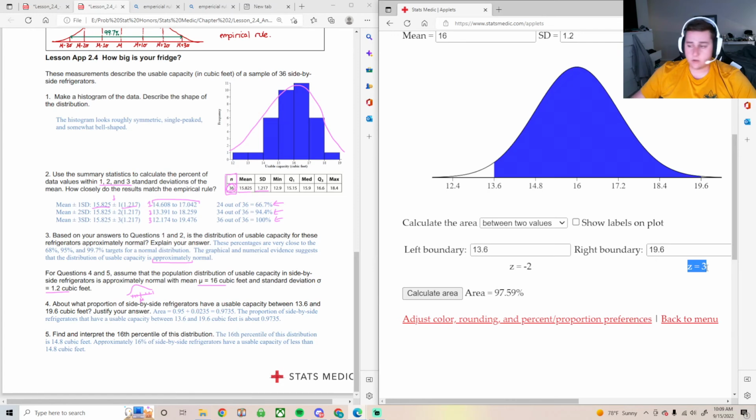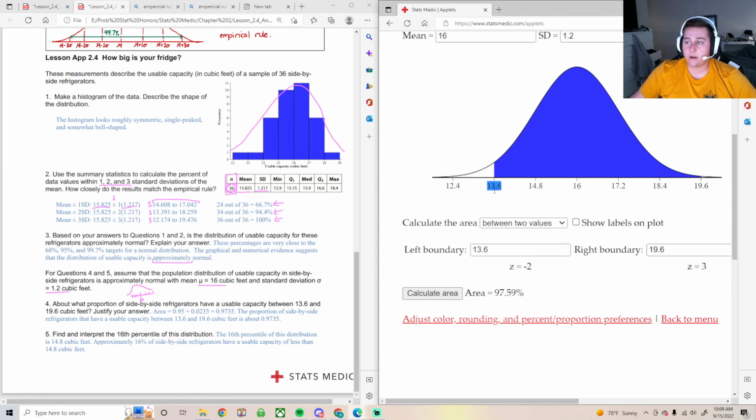Technically, we don't know about this yet, but anytime you have a normal distribution, you can create this standardized score for it. We talked about standardized scores. I told you it's called a z-score, and then we stopped. But these standardized scores tell you exactly how many standard deviations you are above or below the mean. So at 13.6, if our mean is 16, you are precisely -2 standard deviations from the mean, which means you are down 2 standard deviations.